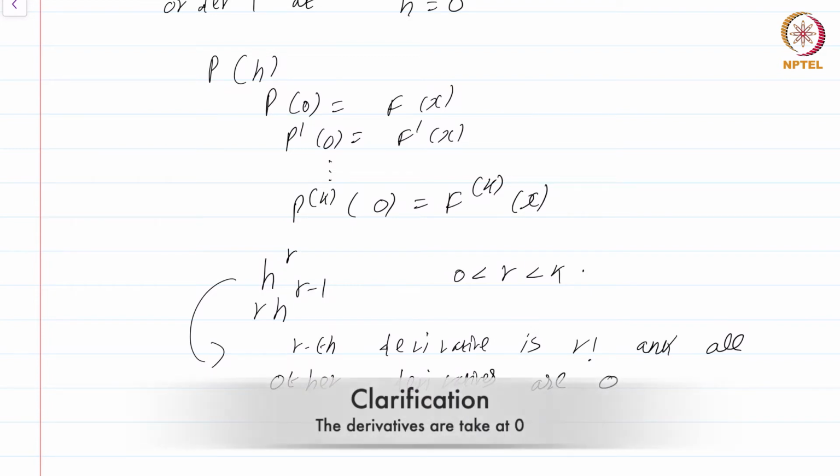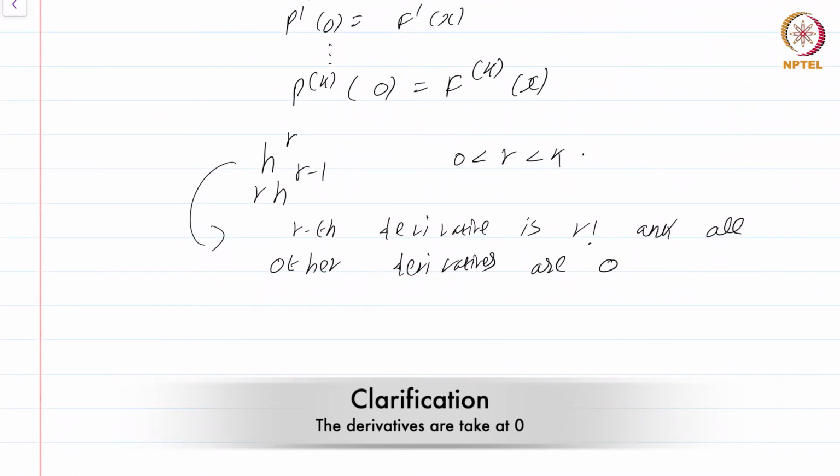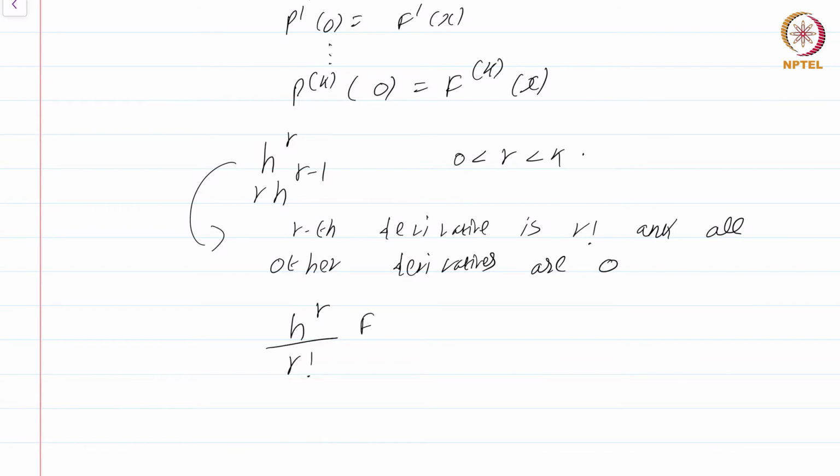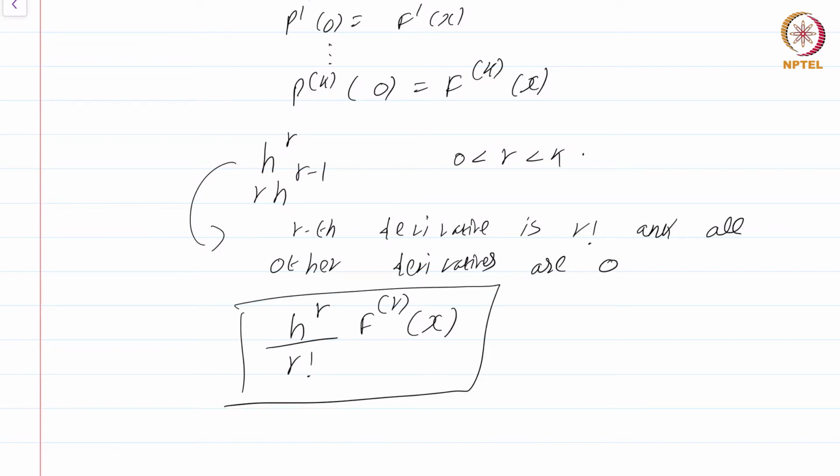Of course, I am treating it as a function of h and differentiating with respect to h. So, if you consider h to the r by r factorial times the rth derivative at x, differentiate this r times, we get f r of x. Because the rth derivative of h to the r would be nothing but r factorial, which will get cancelled with the r factorial in the denominator, and you are left with f r of x.